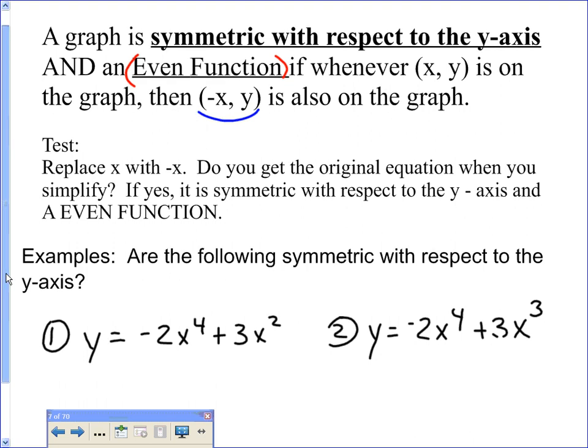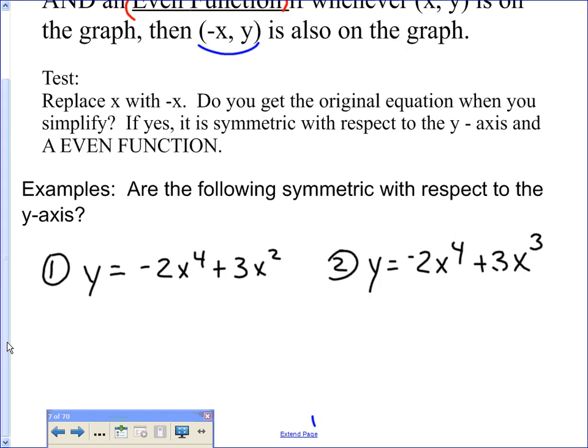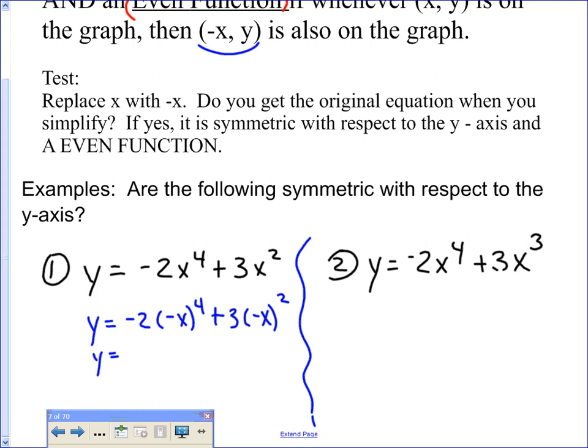So we're going to look at a couple of examples here. In this first example, I'm going to use the original equation. Wherever I have an x, I'm going to replace it with a negative x. And then I simplify. So in this case, I get negative 2, and if I raise the negative to the 4th power, then that's positive.